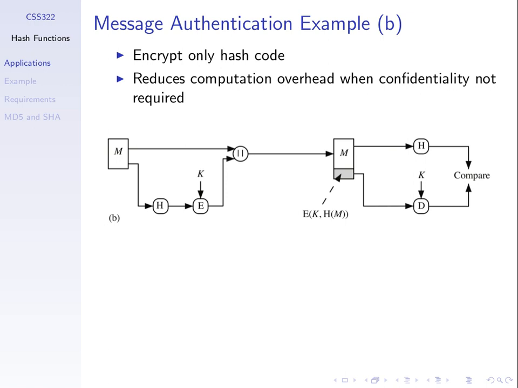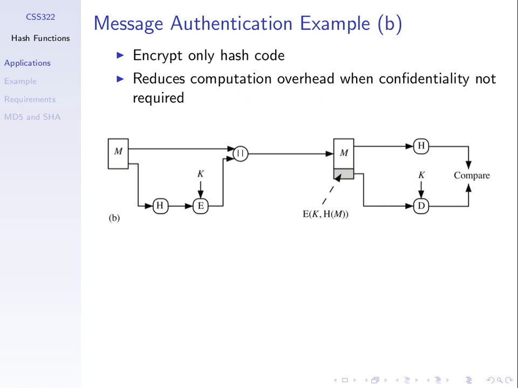If our message was 10 megabytes, our hash value was 100 bits, encrypting the entire message can be very time consuming, whereas encrypting just the hash value can be quite fast. So this approach has the advantage that we don't encrypt the entire message, we just encrypt the hash value of the message, a small representation of the message, a performance advantage.